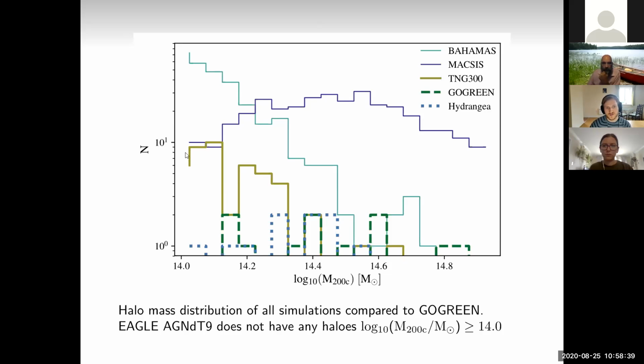The other two simulations don't do quite so well. TNG just runs out of really massive halos. So in some cases, I am limited to just selecting the most massive 11, or selecting these and then somehow sampling this range. For Hydrangea, I have no choice but to select all 11 most massive halos, but still missing the most massive end.